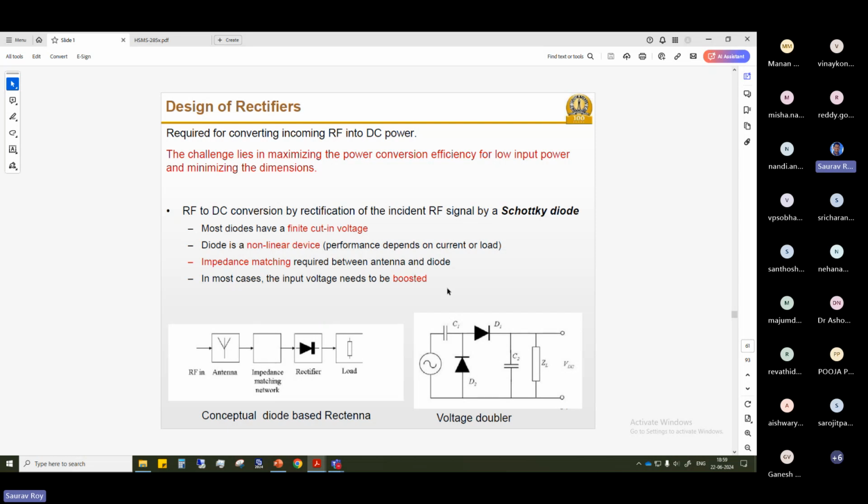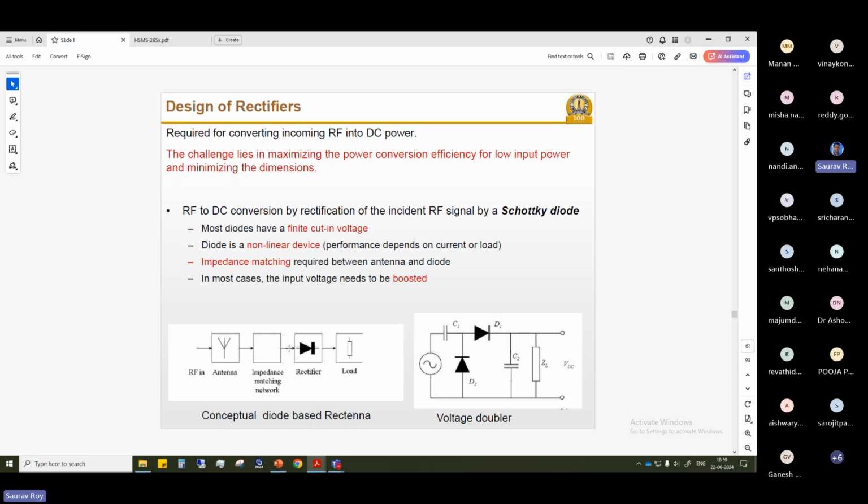Now the other component is obviously impedance matching. From the antenna terminal, we generally design antennas for a 50 ohm load. But the rectifier might not have a 50 ohm load; if you look into its input impedance, it generally has a complex load. How do you match a 50 ohm antenna impedance to a complex load?